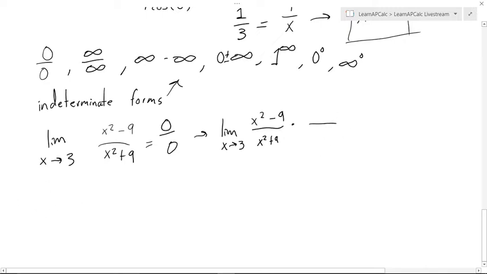So let's conjugate by the bottom here. So x squared minus 9. So if I write this one out, I'm again going to get x squared minus 9 squared all over x squared minus x squared minus 81.